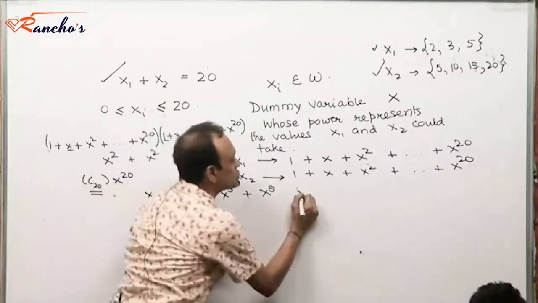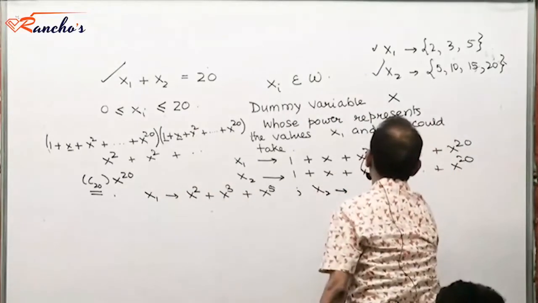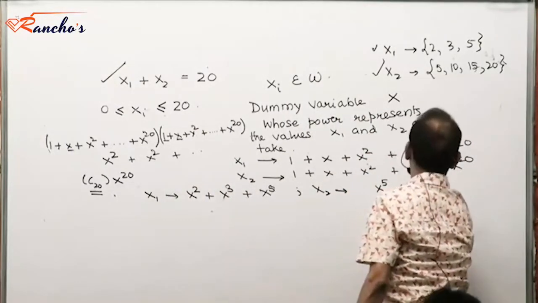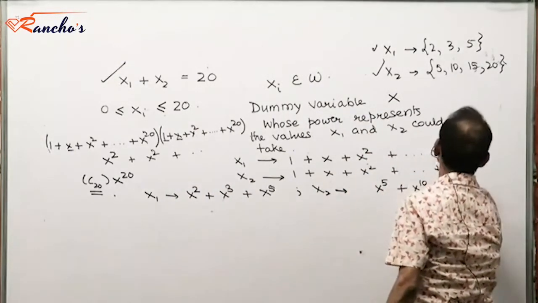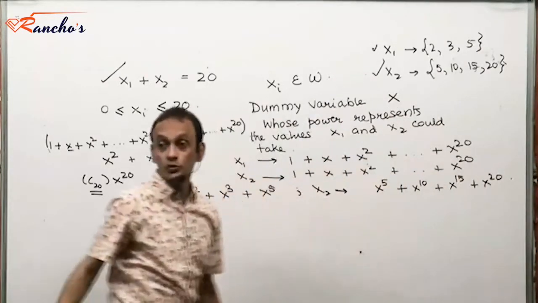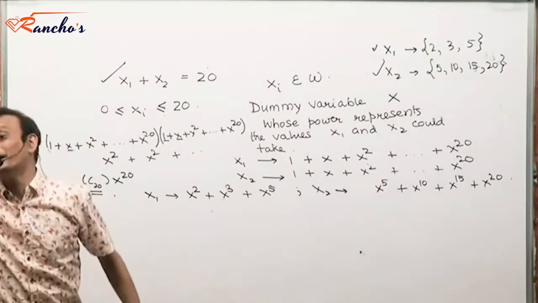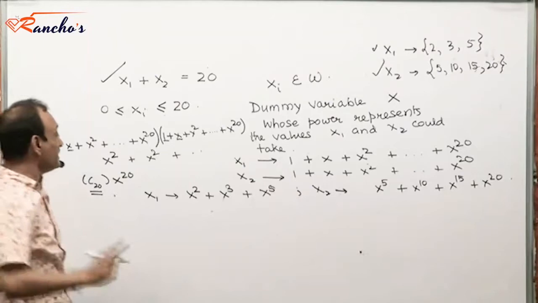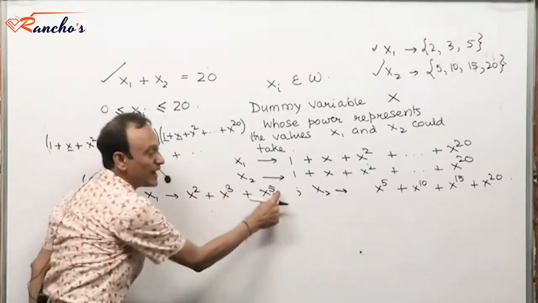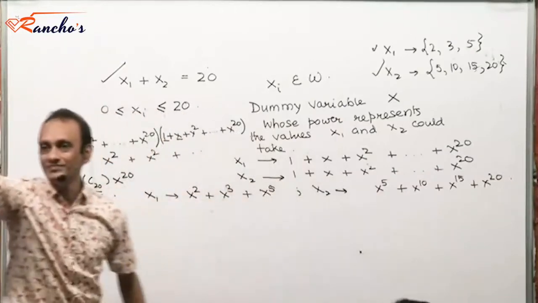And then for x2, I construct a polynomial like x power 5 plus x power 10 plus x power 15 plus x power 20. Yes or no? This is what I do, and I want the powers to add up to 20, given that x1 will take only these values and x2 will take these powers. You know what I'm saying?